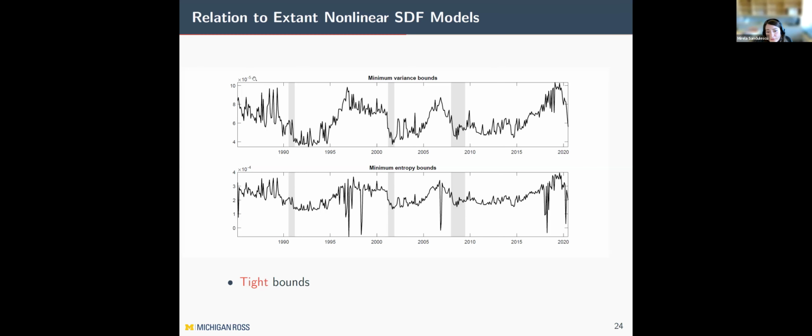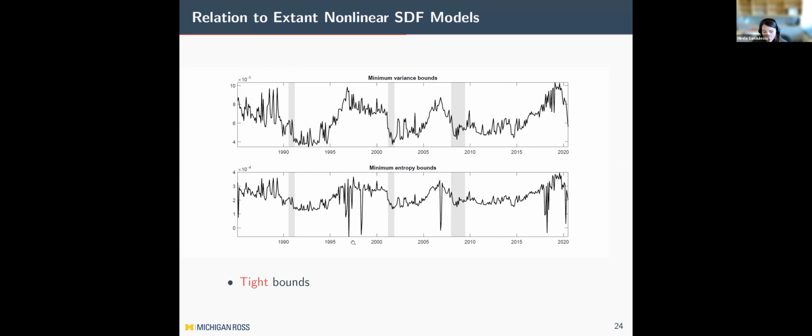This is 10 to the minus 5. Whereas in the bottom panel, I'm plotting a minimum entropy bound. So this difference between a Kullback-Leibler divergence and again, the Hansen-Jagannathan non-negative one. And you see that this one is also going to be tight, but it's going to be on average around 1 order of magnitude higher than ours.